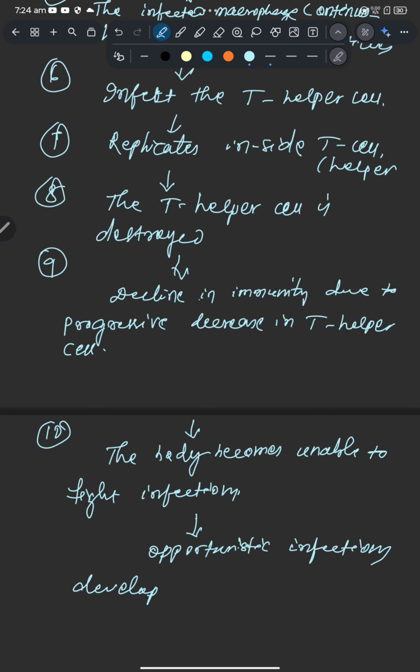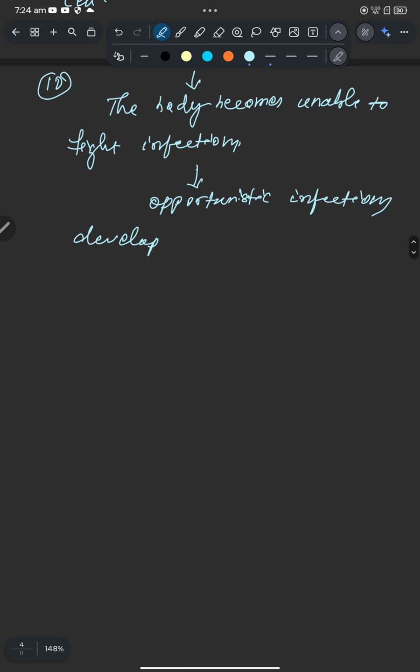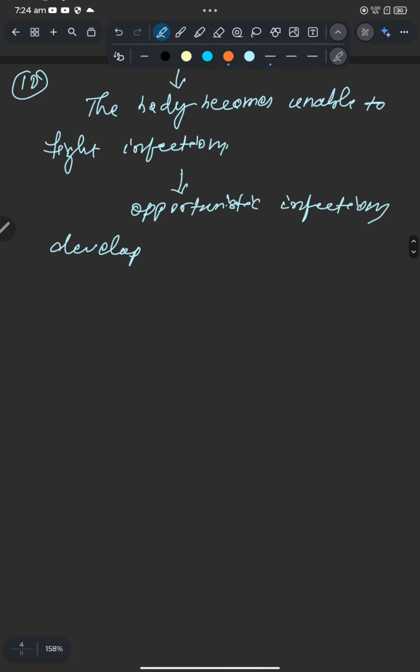Okay, before that, let me tell you why the T helper lymphocyte, because other B cells are there, other T cells are there, so why, when the helper T cells are destroyed, is our immune system severely weakened? So let us see the role of the T helper cell.